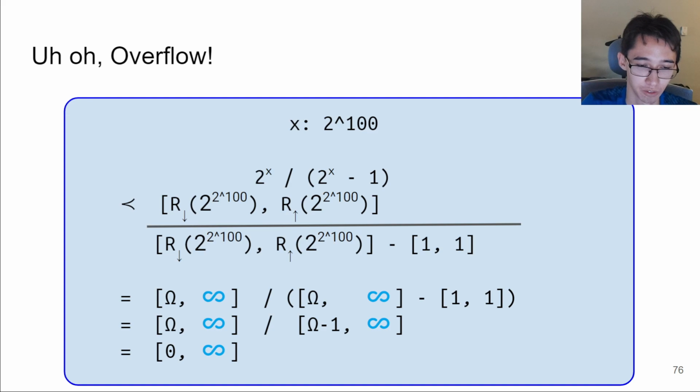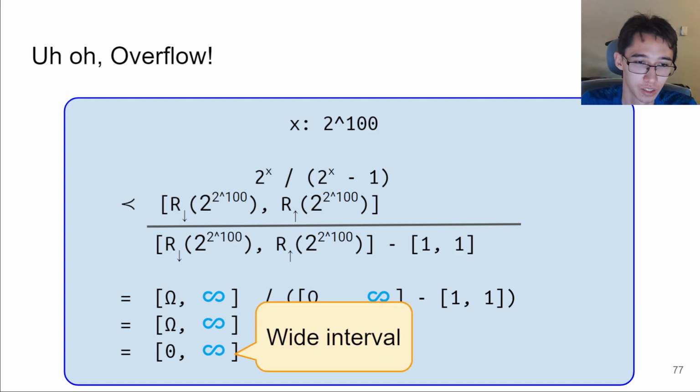And then performing the division, we'll get some really wide interval, 0 to infinity. The reason we get this interval is that the 0 comes from dividing omega by infinity, and the infinity comes from dividing infinity by omega minus 1. So we got some really wide interval, even though our goal was to compute some really tight interval and get one real answer out of this thing.